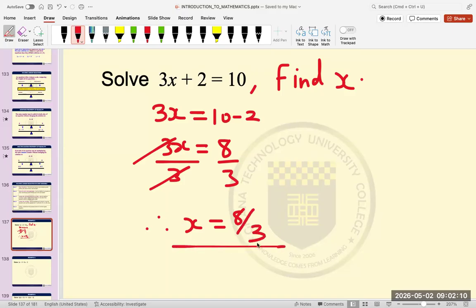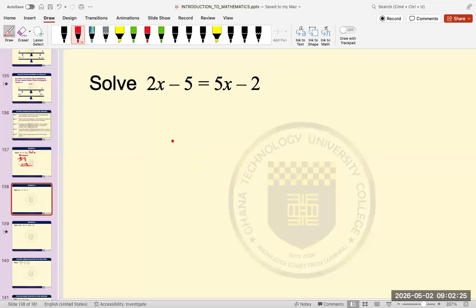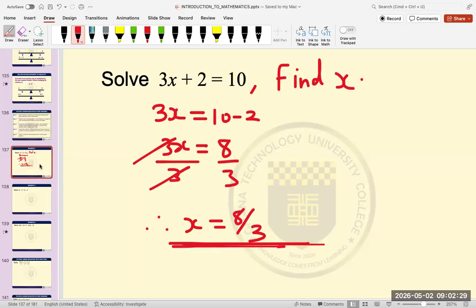So you can leave your answer like this, or you can use a calculator to change it into decimal. So that is the first equation. Now the second equation I want us to solve. This time you have, yes, go ahead. I wanted to ask, let's say if the question says leave your answer in the decimal, then you must not leave it this way.